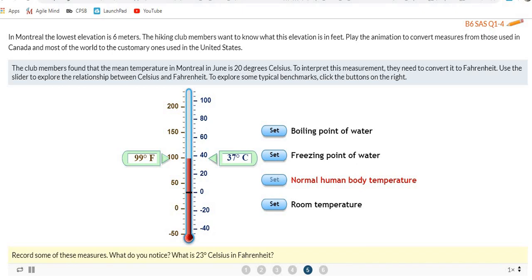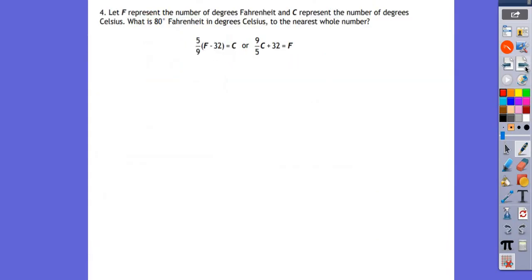All right, so let's move to number 4. And number 4, these are 2 formulas that they figured out for how I can change from Celsius to Fahrenheit. Well, I have some letters in this formula.